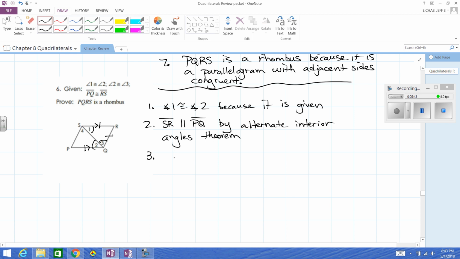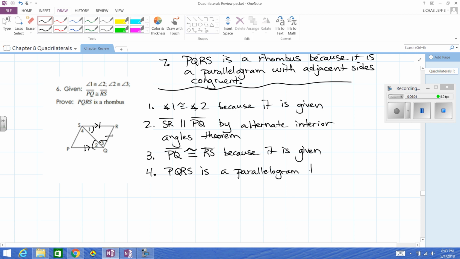Now, PQ is congruent to RS because it's given. And now we have a parallelogram. So PQRS is a parallelogram because it has a pair of opposite sides that are both parallel and congruent.